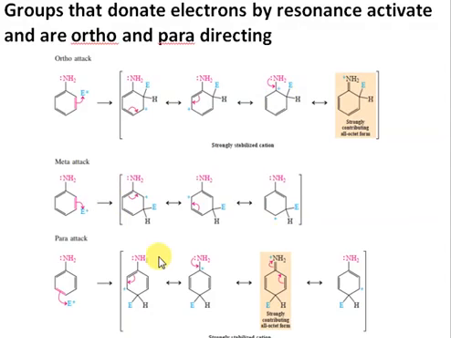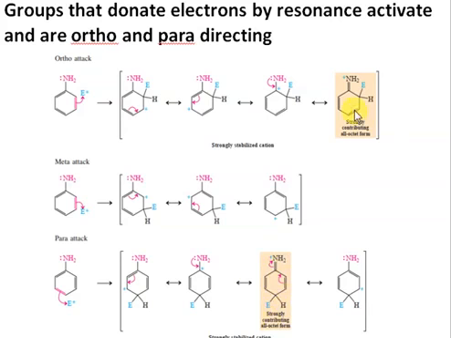Similarly, in case of para attack, here we have this carbocation. This carbocation is being stabilized by electron donation of this nitrogen group. So we get a system which is stabilized by means of resonance, a very, very stable resonance structure.